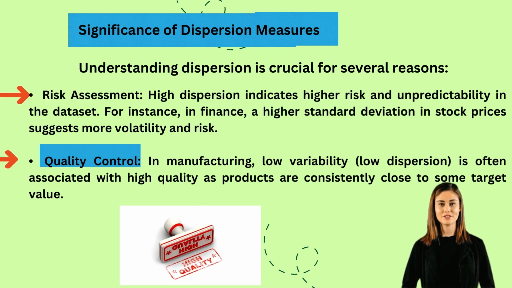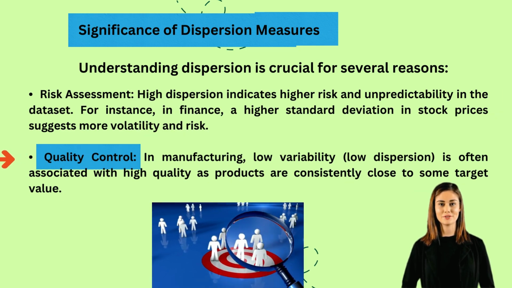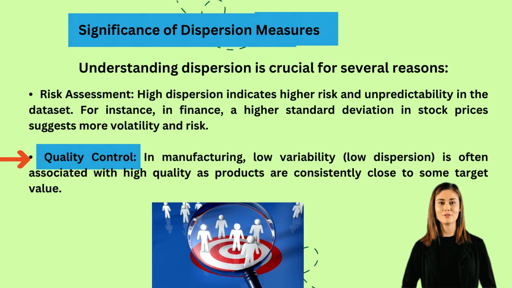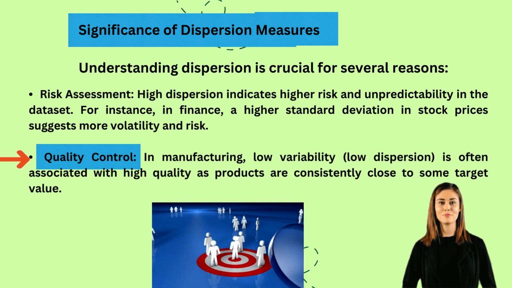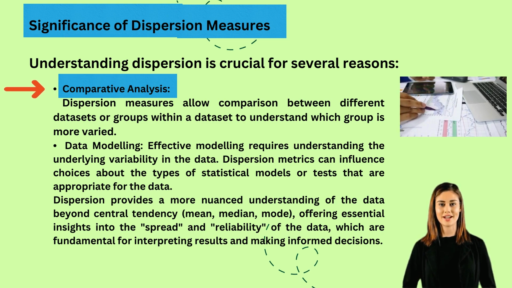Quality control. In manufacturing, low variability is often associated with high quality as products are consistently close to some target value. Comparative analysis. Dispersion measures allow comparison between different data sets or groups within a data set to understand which group is more varied.